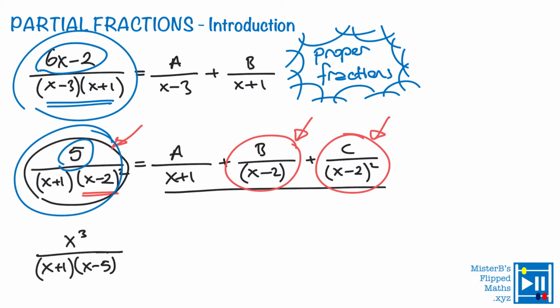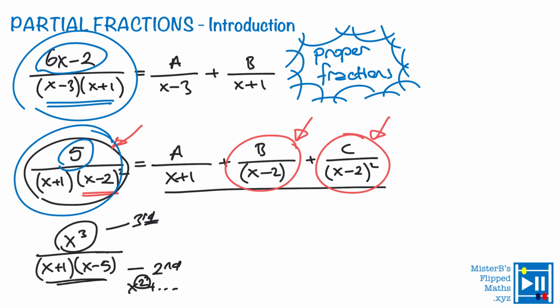As you can see, we have x cubed at the top and x plus 1 times x minus 5 at the bottom. The index of the term at the top is 3, which we call the degree. So this is a third degree expression. Whereas if you expand this, you're going to end up with x squared plus or minus something, where the term x will have the biggest power being 2.